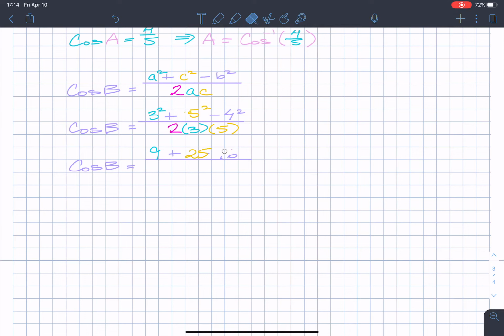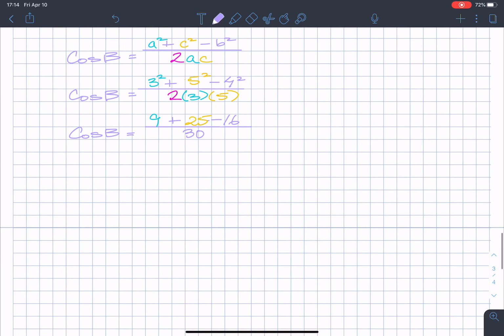Let me erase this, make that a bit better. All over 30. Okay, so we have that cosine of B is going to be 9 plus 9 is 18 over 30. So 6 goes into both of these. 6 goes into 18 3 times and into 30 5 times.